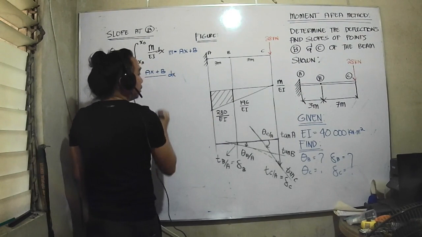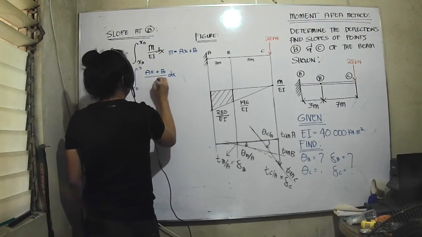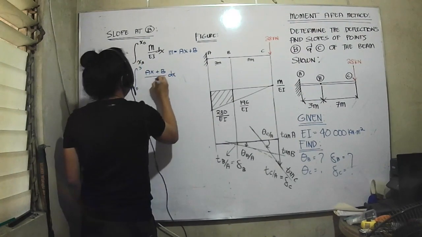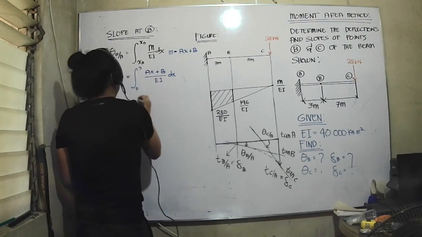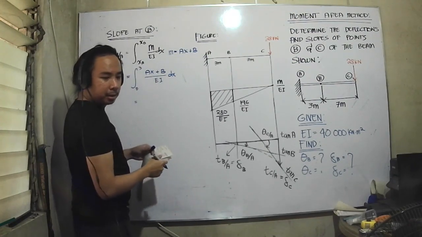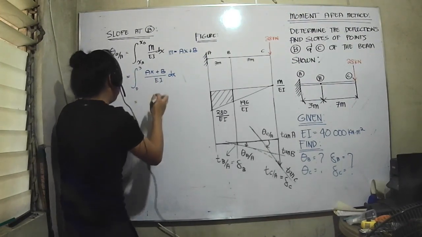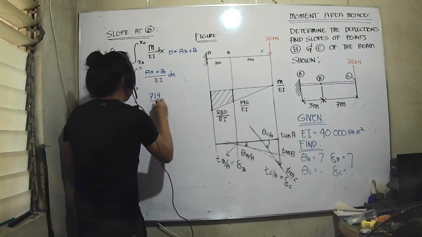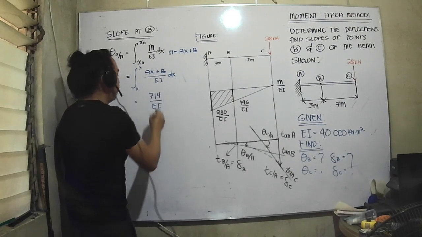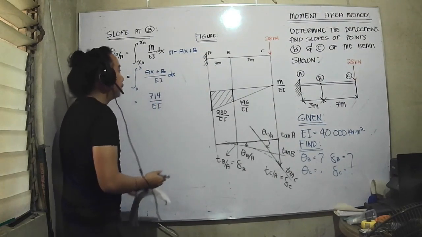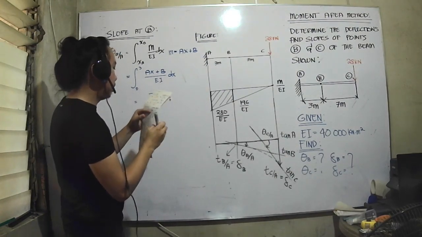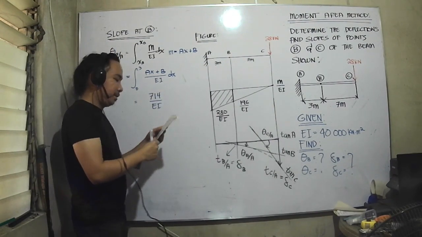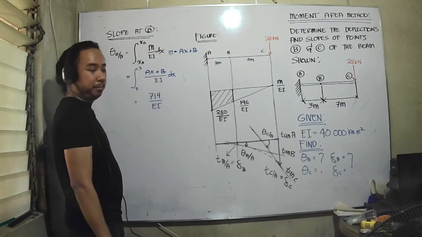EI is 40,000. By integration, I will yield the same result of 714 over EI, which gives the same radian value.